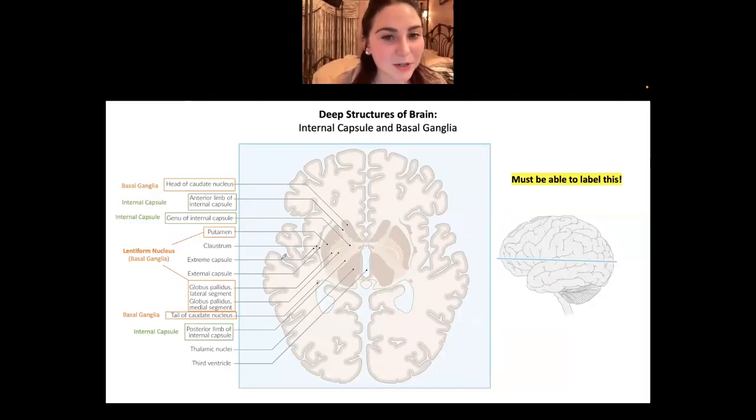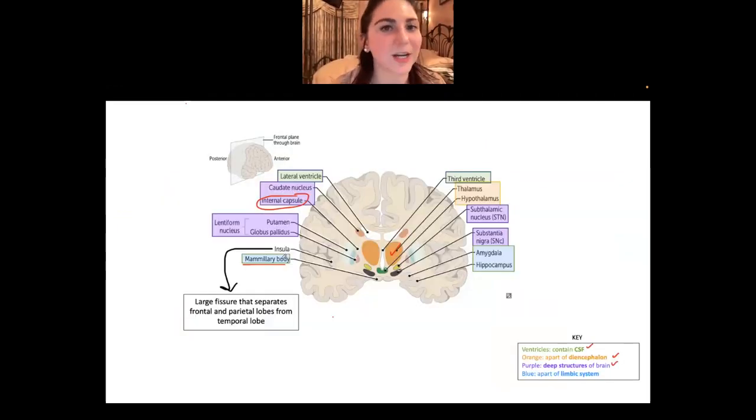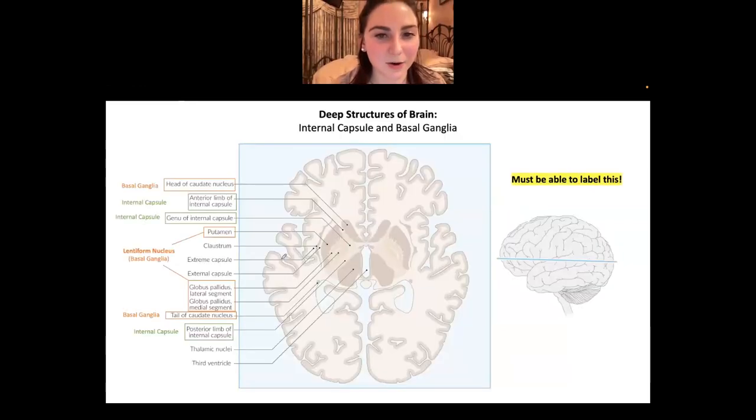This is the same thing I kind of showed you. So this is, again, another cross-section. Here's this cross-section, and here's another cross-section, but it's showing the same thing. But now we're focusing a little bit more on where the internal capsule and the basal ganglia are. And then I tried to color code again. So what's a part of the basal ganglia versus what's a part of just the internal capsule, orange and green.